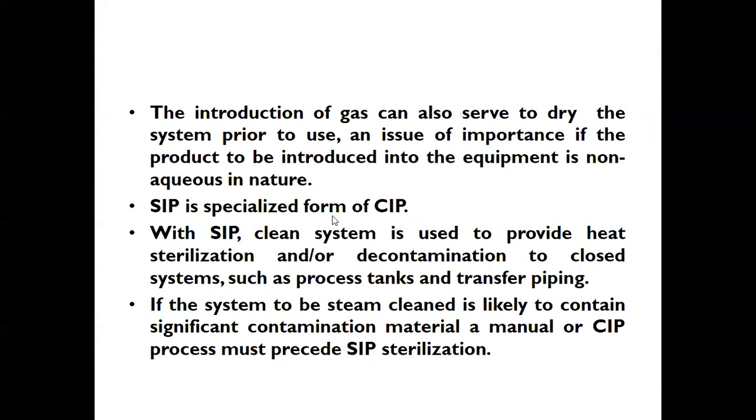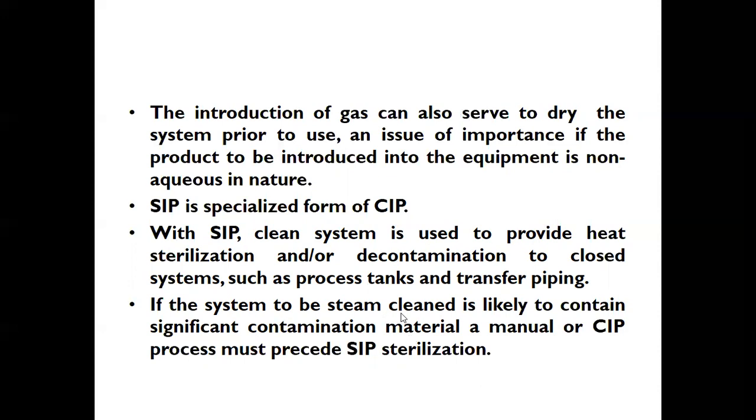SIP is a specialized form of CIP, that is, the steam-in-place sterilization process is a specialized form of clean-in-place system. With steam in place, the system is used to provide heat sterilization and/or decontamination to closed systems such as process tanks and transfer piping.